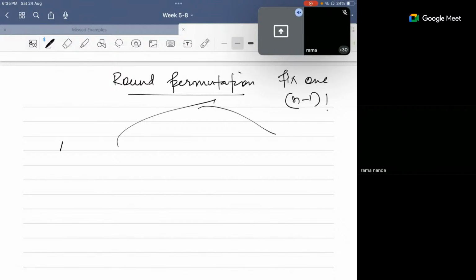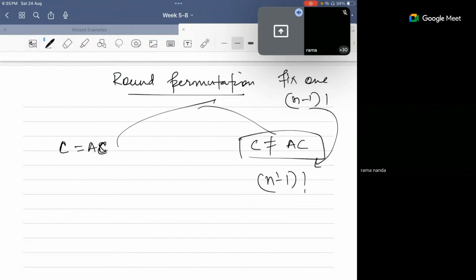But in that case also, you can have clockwise equal to anti-clockwise, or clockwise not equal to anti-clockwise. If clockwise is not the same as anti-clockwise, then your answer is correct, n minus 1 factorial. But if you are coming from this way and the other way, clockwise or anti-clockwise, and both are the same, then you will have to divide it by 2, because you have counted both the ways, to get the final number of ways. Is this clear to everyone?